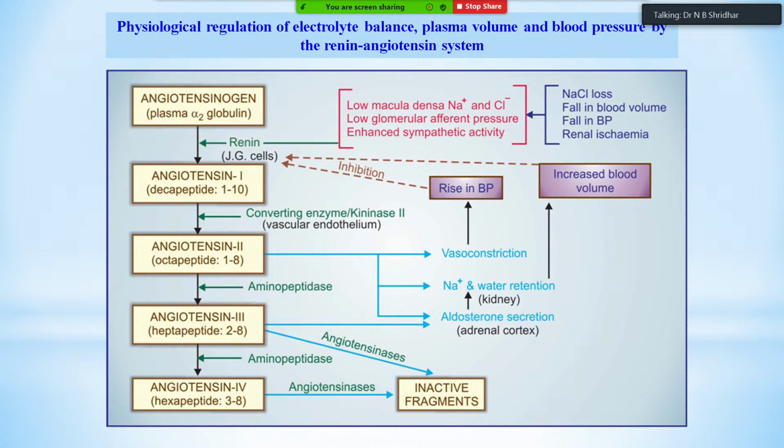Angiotensin 2, also an octapeptide, causes vasoconstriction and increases blood pressure.